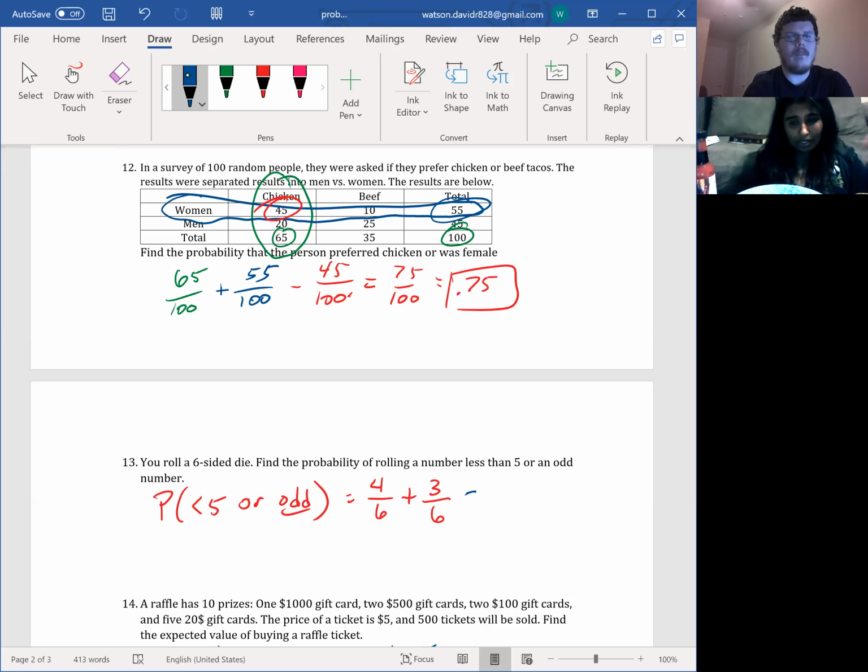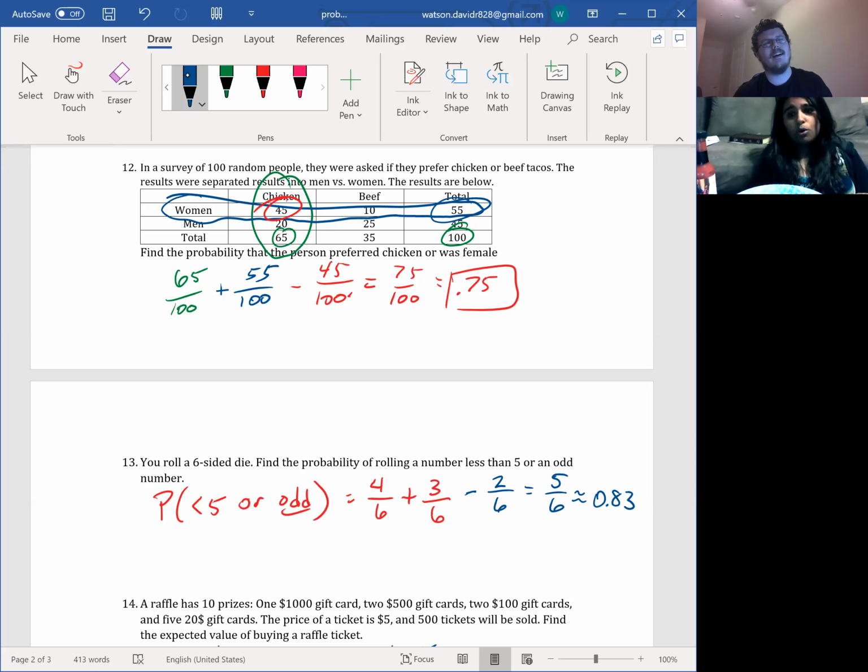So we repeated 2 numbers again, don't be like Ryan Howard. And oh my gosh, 5 over 6, which is approximately 0.83. Are we done? We're done.